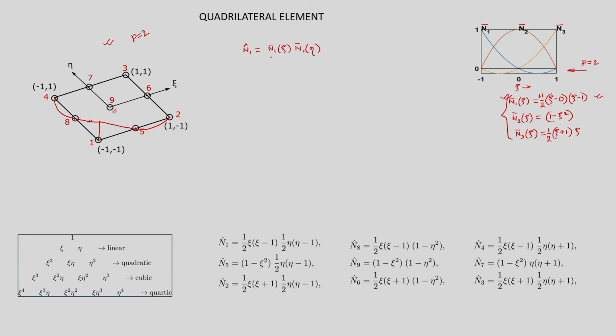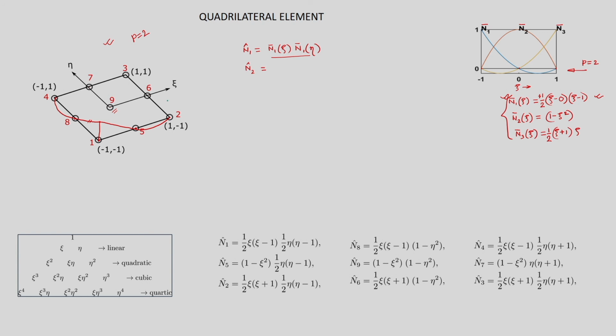Alright. So, it ensures that the value of this product is 1 at node 1 and is 0 at all other nodes.